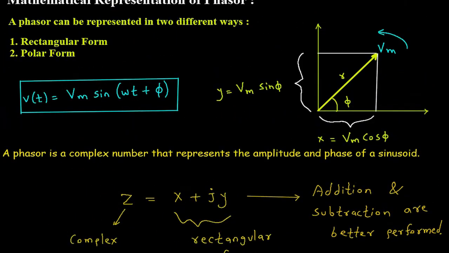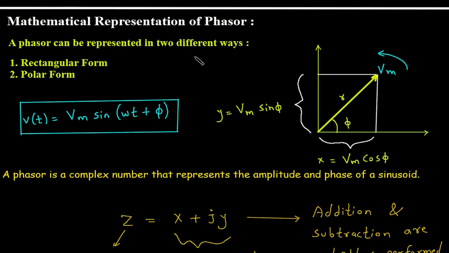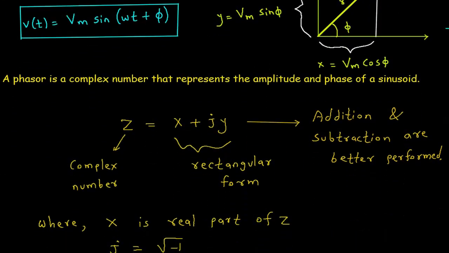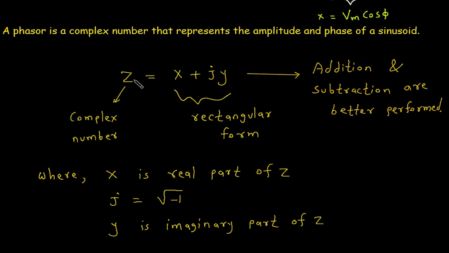Now, the phasor can be represented in two different ways, rectangular form or polar form. So here we can see z is equal to x plus jy, where z is the complex number, x is the real part of z, and y is the imaginary part of z. So this is called rectangular form.